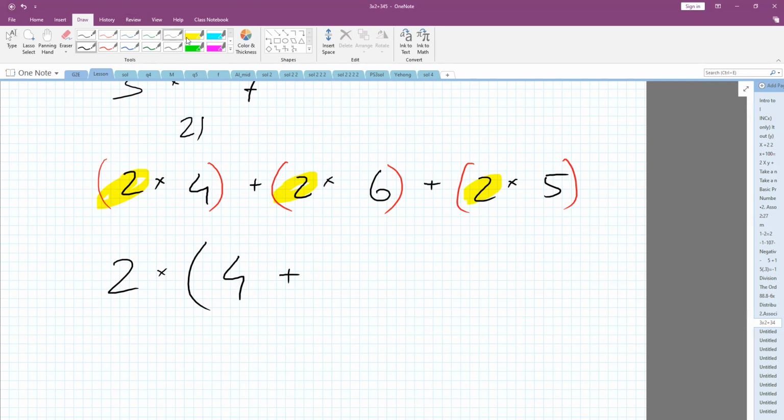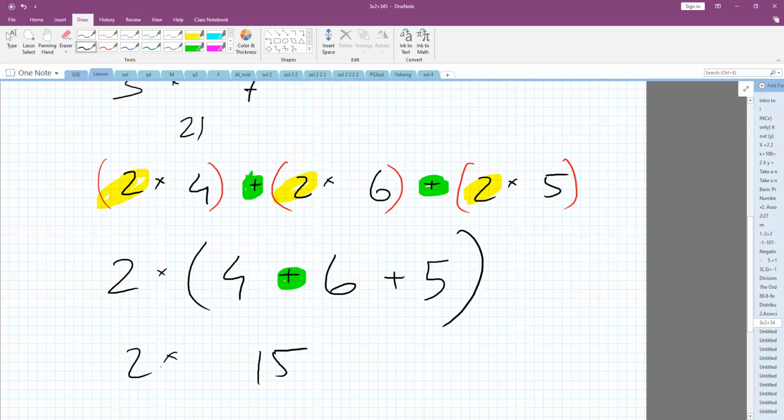See, because look at this. That's why we have addition here. 6, and then you have another addition, and the next one is 5, and close bracket. So what you have here is 4 plus 6 plus 5, which makes 15. And then at the end you multiply by 2, which gives us 30.